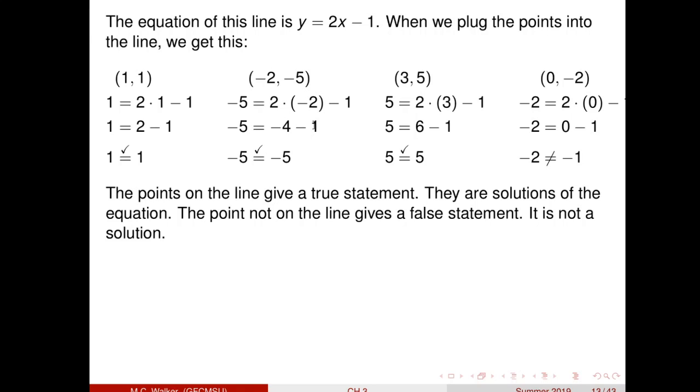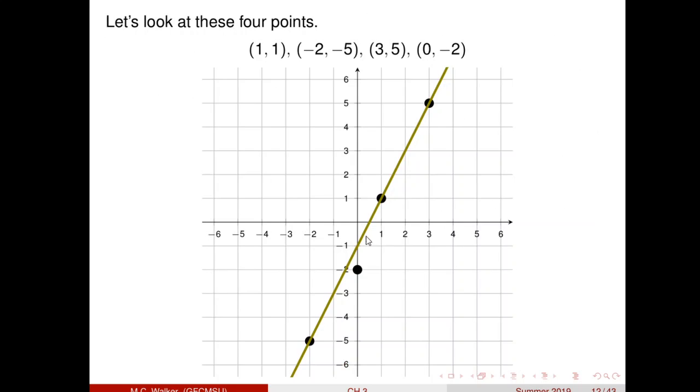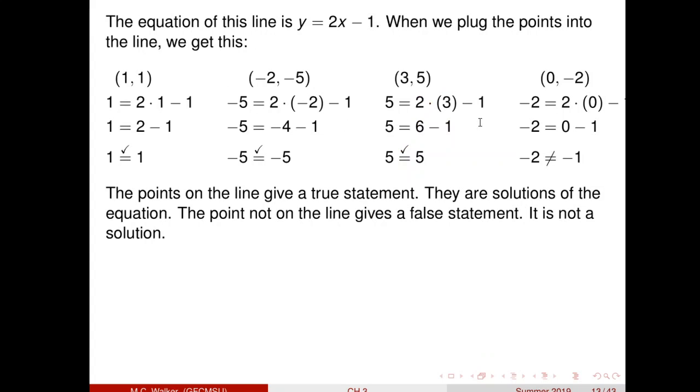That's -4 minus 1. That means -5 is equal to -5. Also a true statement. For (3, 5), we get 5 is equal to 2 times 3 minus 1. 5 is equal to 6 minus 1. 5 equals 5.